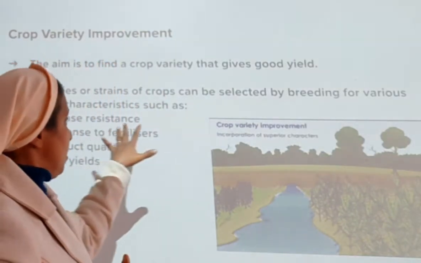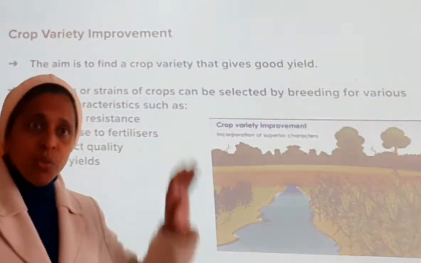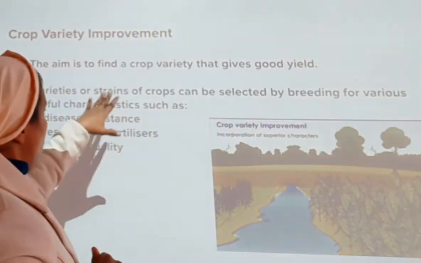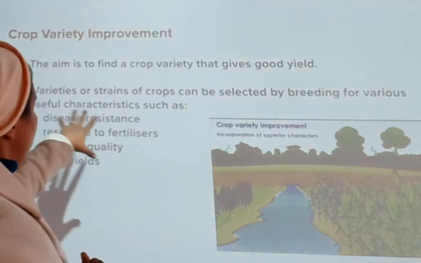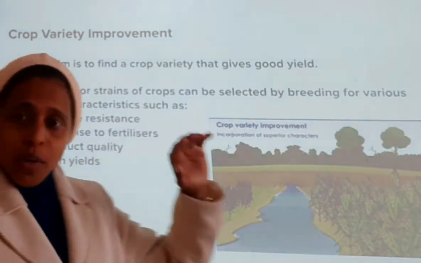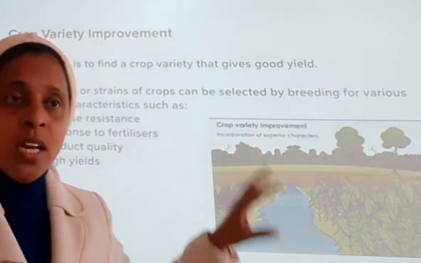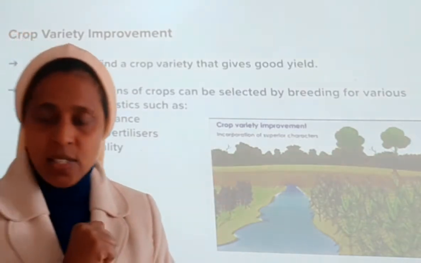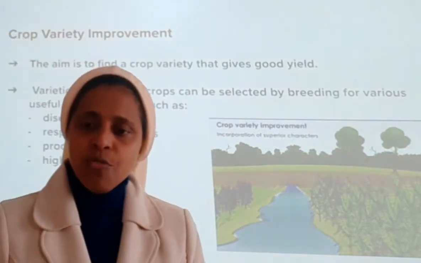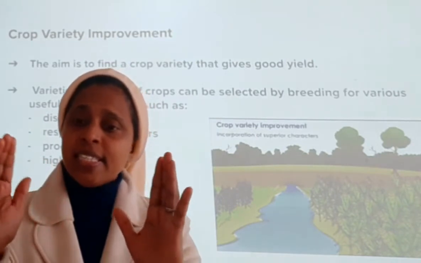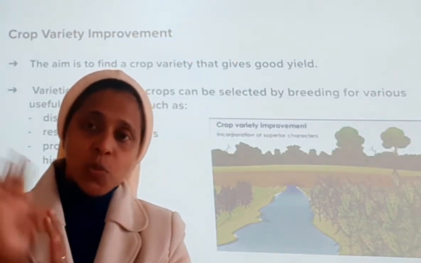And the next point here is disease resistance. Varieties or strains of crops can be selected by breeding for various characteristics. What are the characteristics that we are picking? As I have told you, randomly we cannot pick. The first one is disease resistance. We will be looking for a plant which is resistant towards diseases.